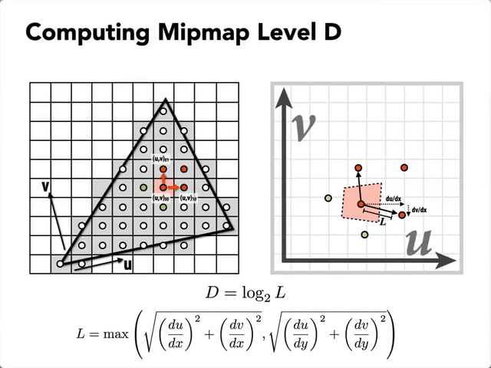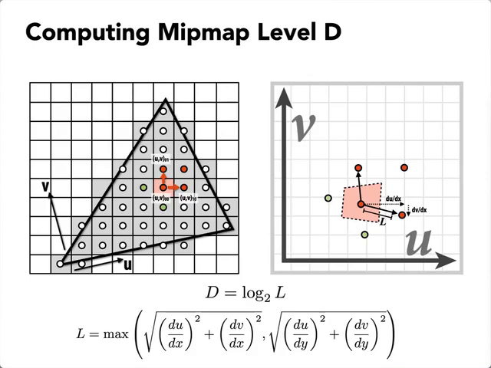How much lower resolution? One that's 8 pixels for every 1 pixel originally on the screen. So we should go down to a lower resolution by 8 by 8. L would be close to 8 in that case, and log base 2 would tell us to go 3 levels down in the mipmap hierarchy. This is the reason why this math comes up in this particular way.